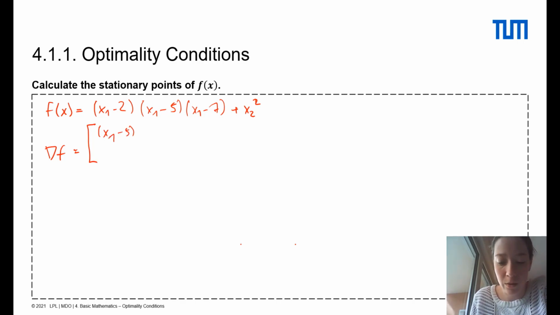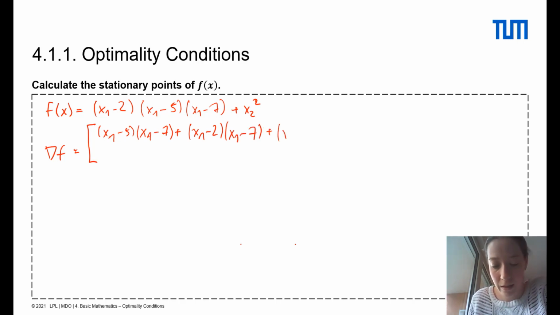So it's x1 minus 5 times x1 minus 7 plus x1 minus 2 times x1 minus 7 plus x1 minus 2 times x1 minus 5. And the second component is df with respect to x2, which is simply 2x2.